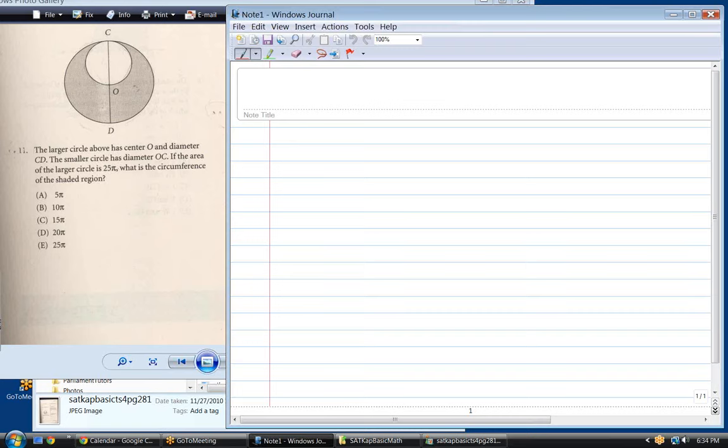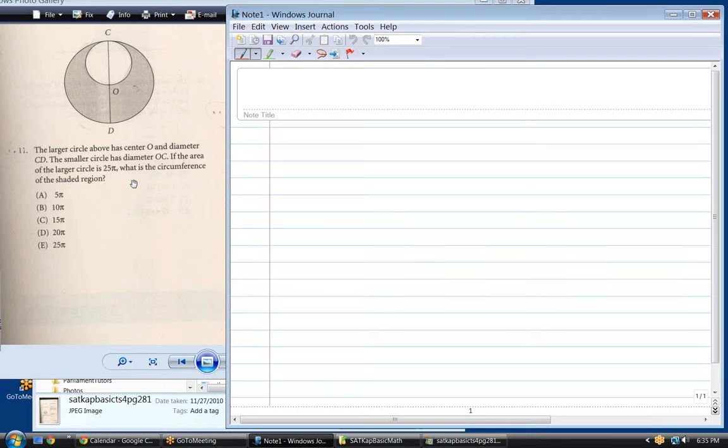Subtraction? Yes. So what do we need to subtract from what in order to get the shaded region? Now they want the circumference of the shaded region, which is a little different than the area. Usually they're asking for the area of the shaded region, so the circumference is going to be a little different.